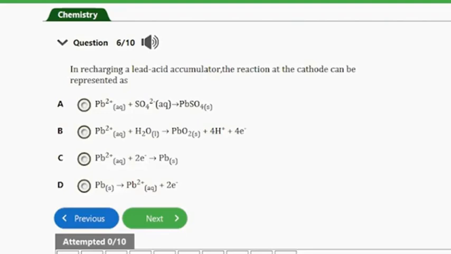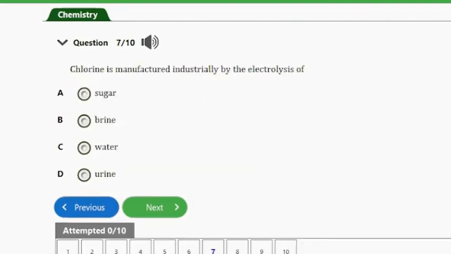So reduction takes place here at the cathode. So in charging the lead acid, we'll have this lead ion reduced by the gain of electron to give us this lead here. So guys, that's the answer to this question. That's option C here, because reduction, like we said, takes place in the cathode. So that's it for that question. Let's consider the next question.